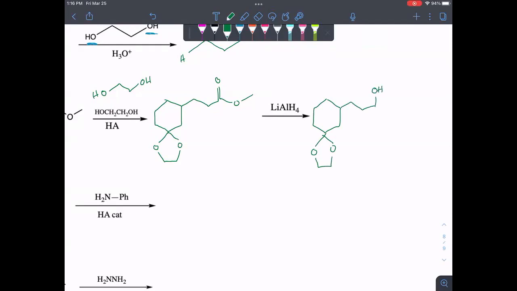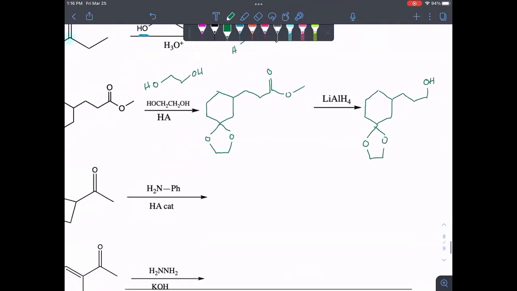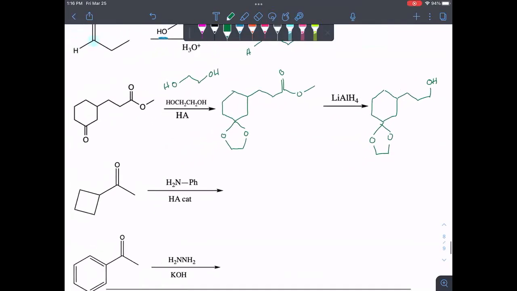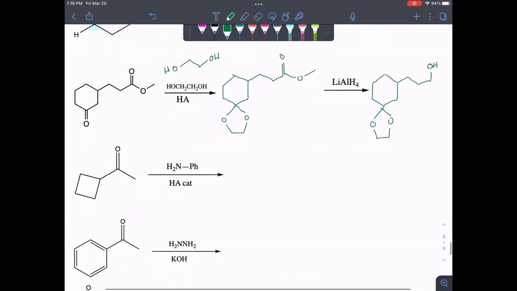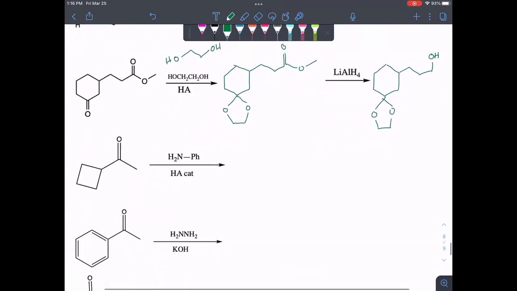That's your final product. The way we get rid of that diol, the acetal, is we just add acid. And then it makes it just back into ketone.